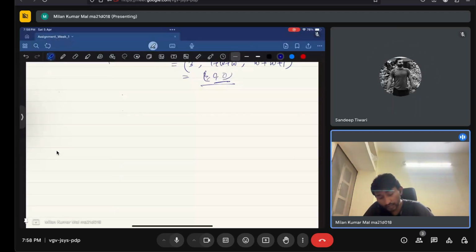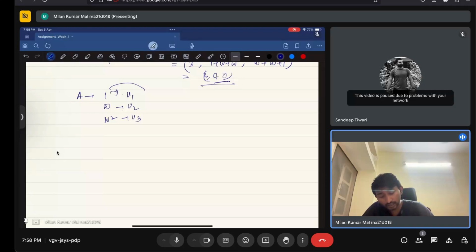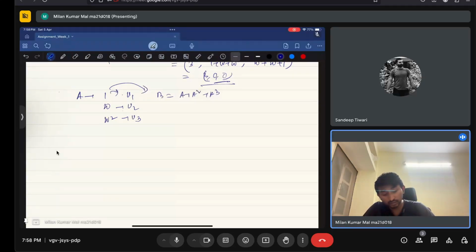For example, A has three eigenvalues 1, w, w square, right? Corresponding to each eigenvalue there is a vector V1, V2, V3. Now let B be something like A plus A square plus A cube. We know A cube is identity, that is not a problem. So now B V1 is equal to (A plus A square plus A cube) V1. We know V1, V2, V3 are distinct.